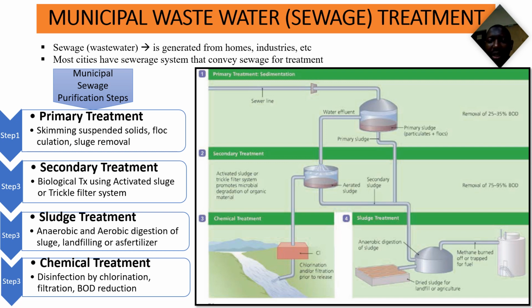So this type of treatment is generally referred to as the tertiary treatment. In this tertiary treatment, the water can be recycled for drinking after the additional treatment received by the water.